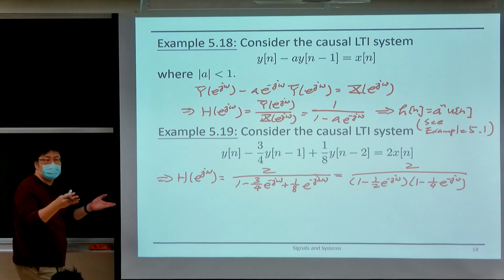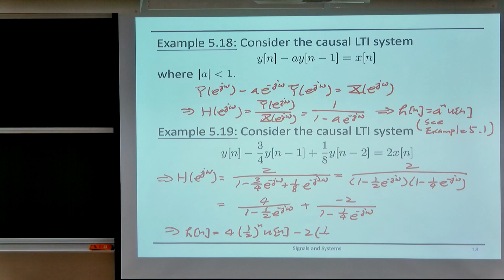Once you get something like this, you immediately know the time domain response. The first term gives you 4 times (1/2) to the power n u[n], and the second term gives you minus 2 times (1/4) to the power n u[n].